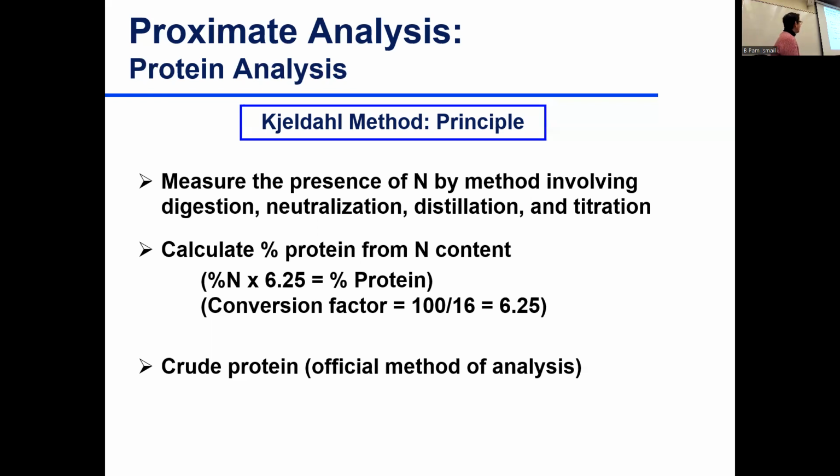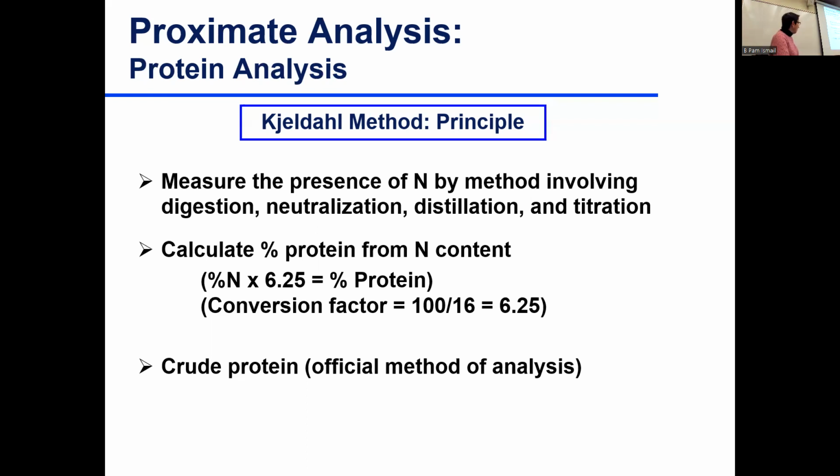Digestion, neutralization, which is during distillation, and then titration. The distillation is basically part of the neutralization step. We're going to learn about this in class and in lab, so by the time the final is here, you're experts in Kjeldahl.